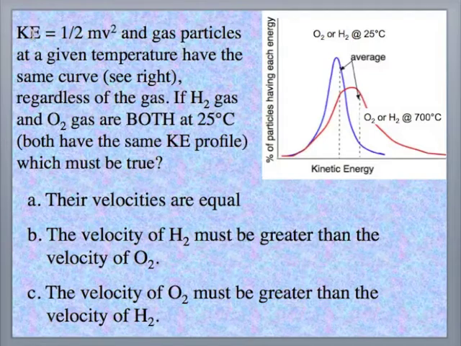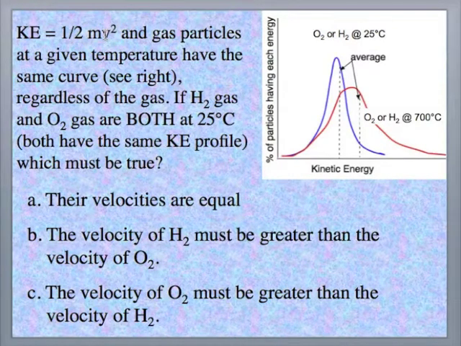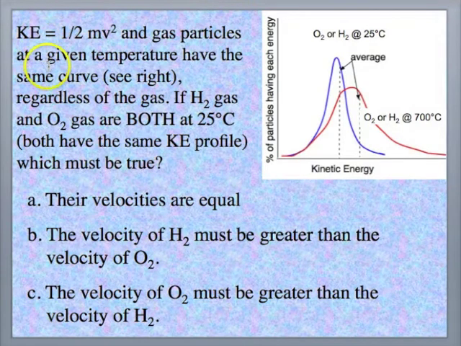So if the kinetic energy profile for each is the same, but their masses are different, what does that tell you about the velocity? It says the velocity has to be different as well, such that their product, after you square the velocity, is going to give you the same value for kinetic energy.